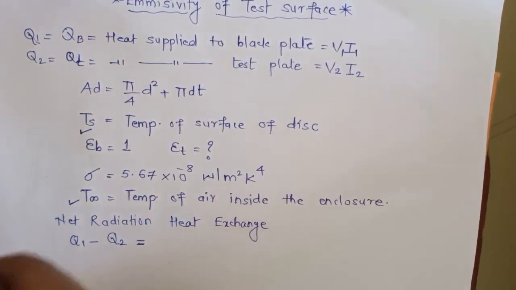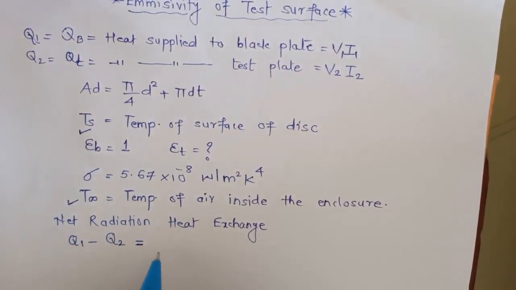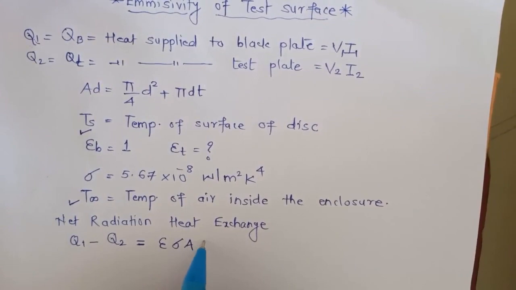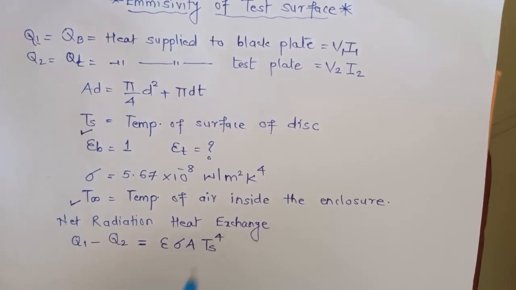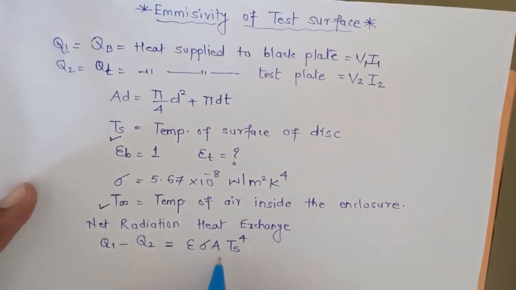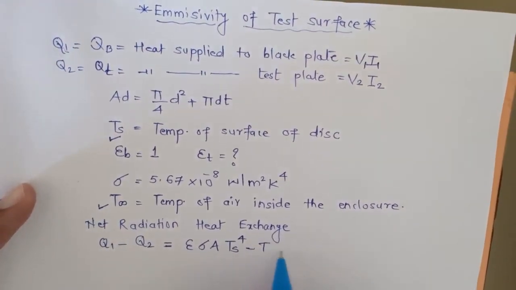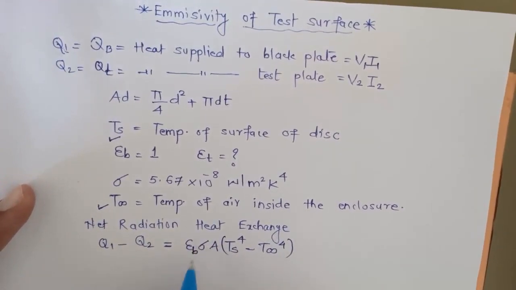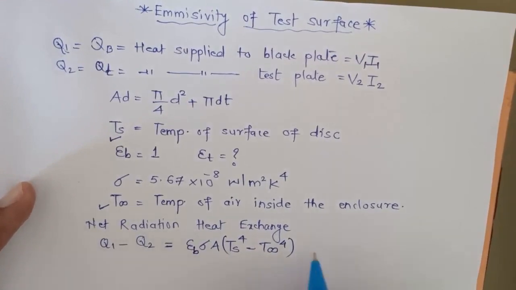Now we know how to write down Q1. It will be simply epsilon sigma A into Ts raised to 4 minus T infinity raised to 4, but this emissivity will be that of the black surface, and this is entirely Q1.